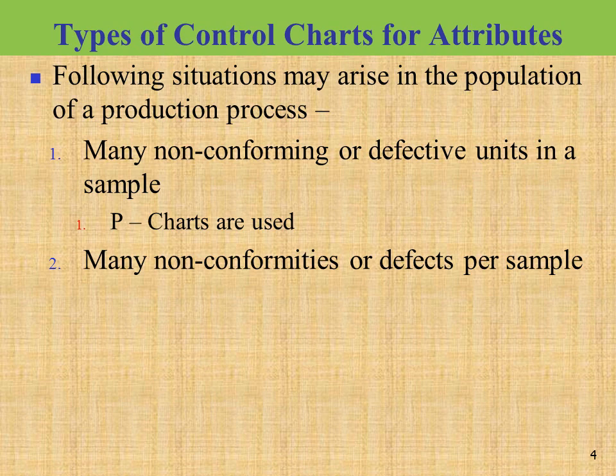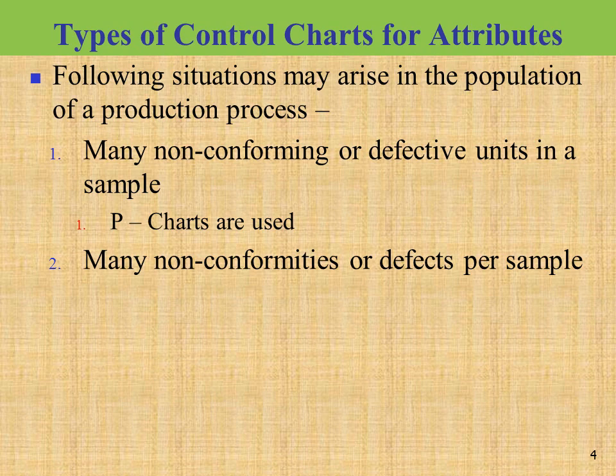The other kind of product may not be simply assigned as defective or non-defective. Rather, we may have a sample of a number of units having a number of defects.